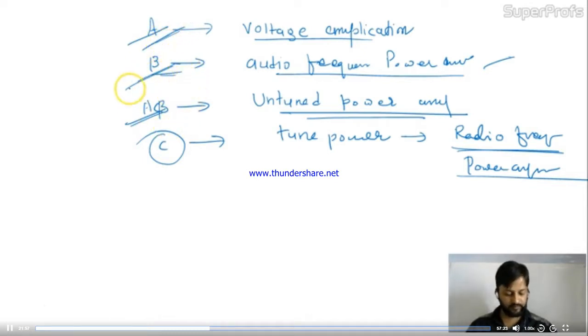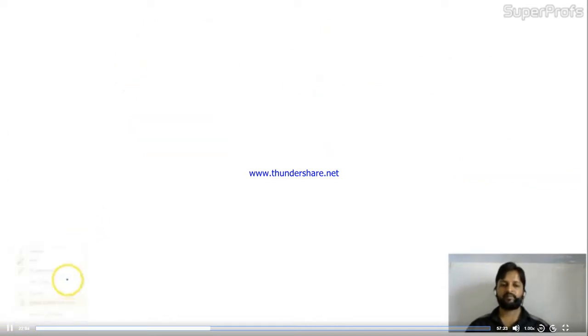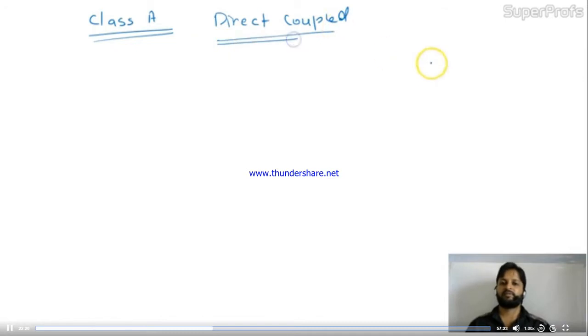Is it okay? Now some circuits of A and B will come. So if I talk about the class A amplifier now, the first one is the direct coupled class A amplifier. Direct coupled means, suppose we are taking one BJT over here. Let's take the circuit like this.